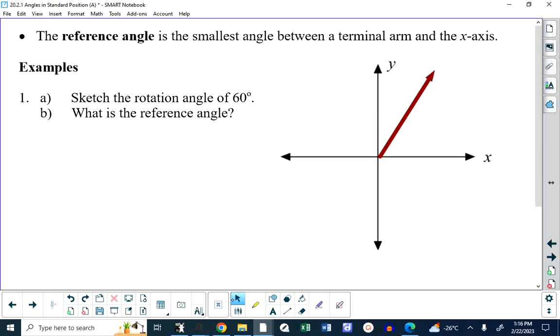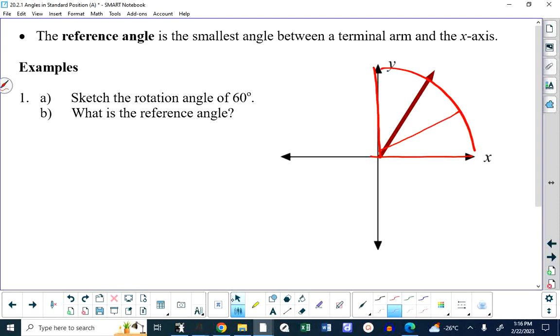So if I visualize this as a cake, and this is how much cake is left, and I want to cut it into 3 equal pieces, it would probably look like that, and each piece would be 30 degrees of that corner of the cake.